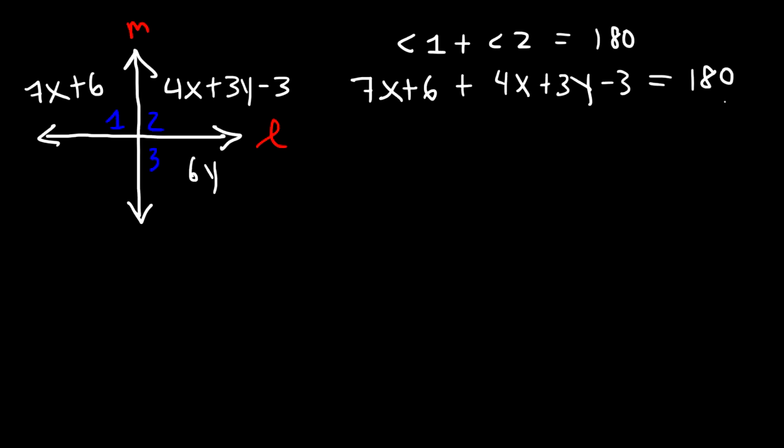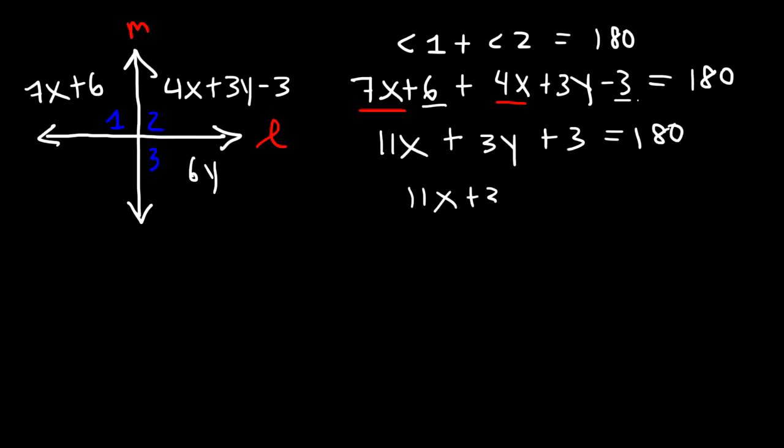Now let's simplify the result. Let's combine like terms. 7x and 4x adds up to 11x. And 6 minus 3 is 3. So we have 11x plus 3y plus 3, which is 180.